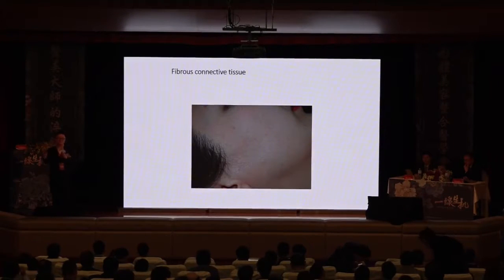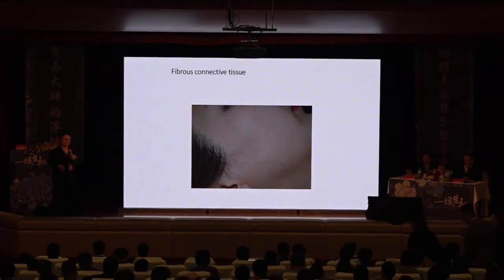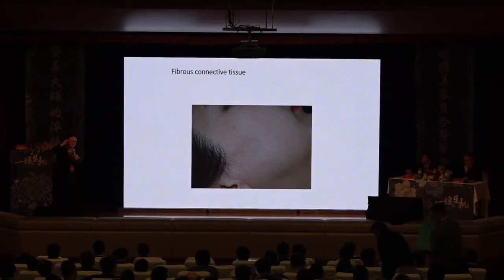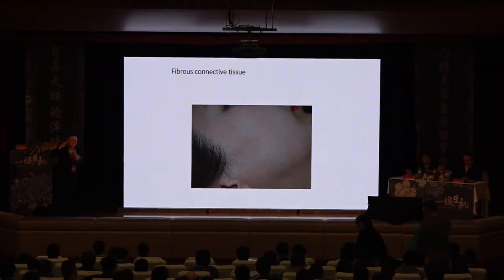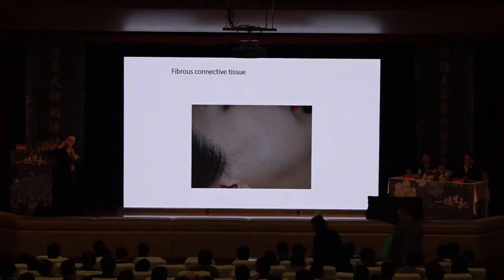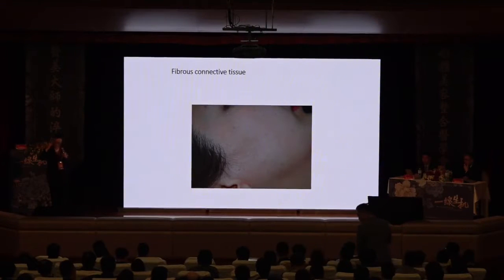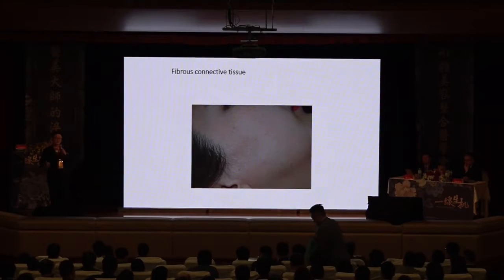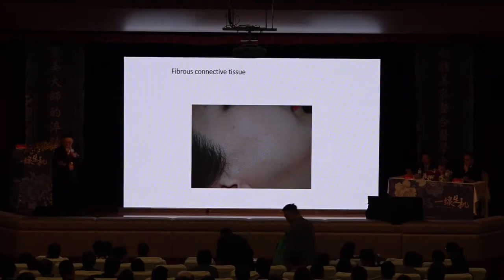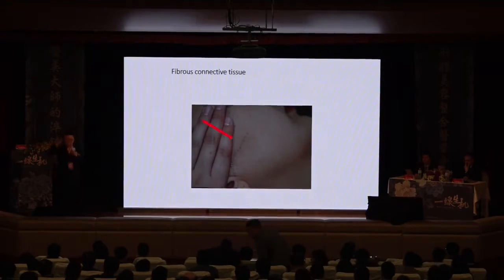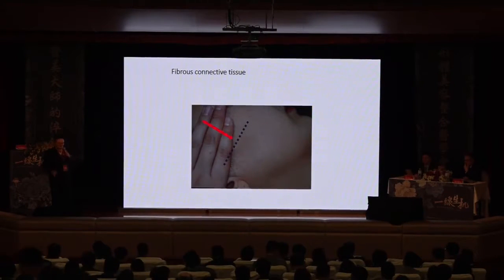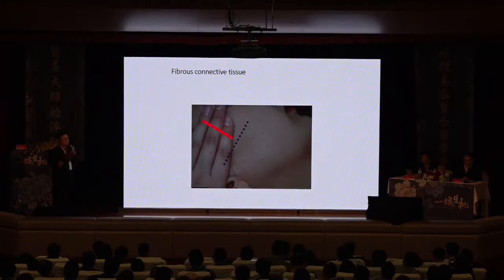This is an example. This woman has a prominent zygomatic arch and hump, and dimpling, somewhat of a cheek depression. In this woman, I pull downward, but her skin does not move below this dotted line. It is the same for you.